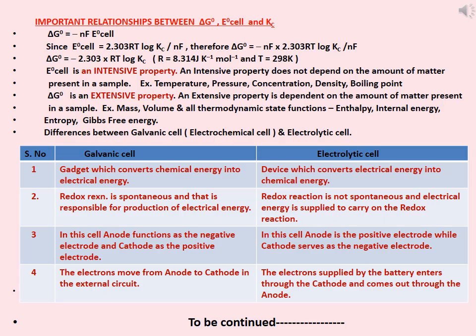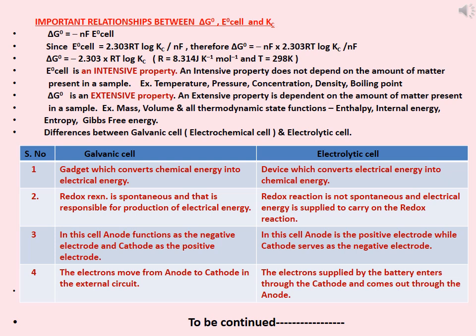Substituting the E naught cell in the delta G naught equation, we get delta G naught is equal to minus nF into 2.303 RT log Kc, the whole divided by nF. nF and nF get cancelled.